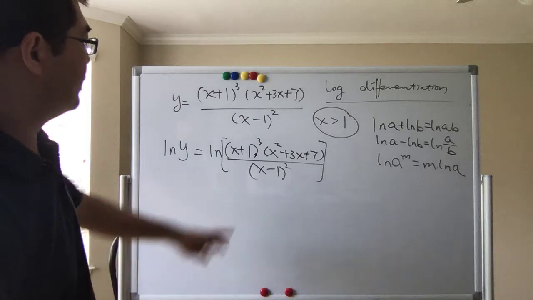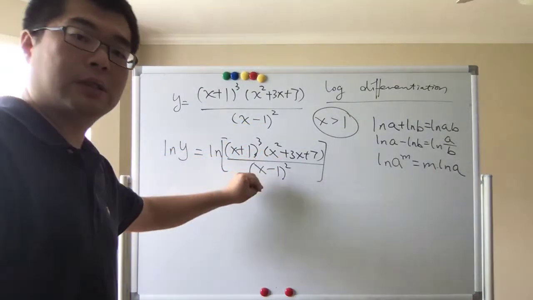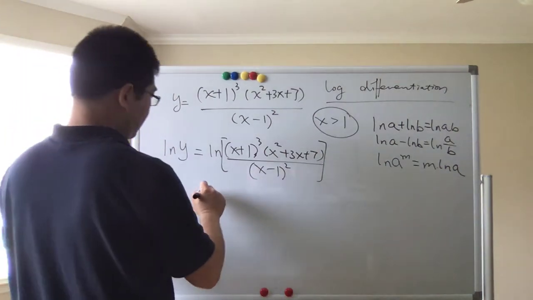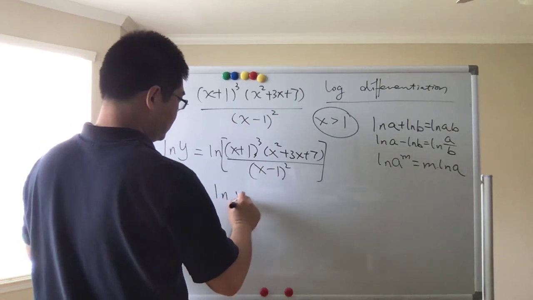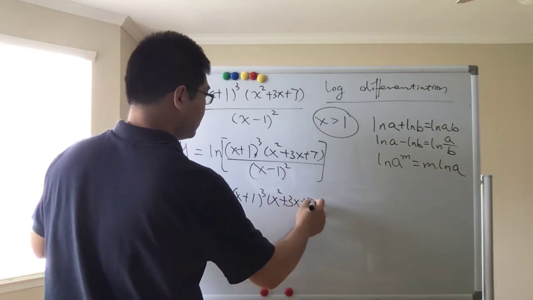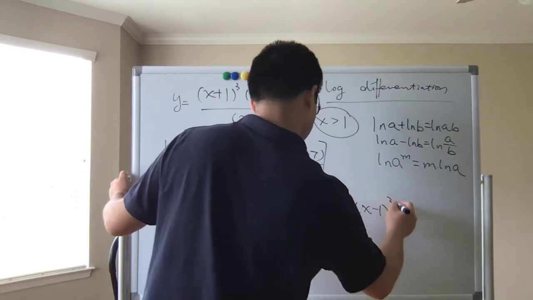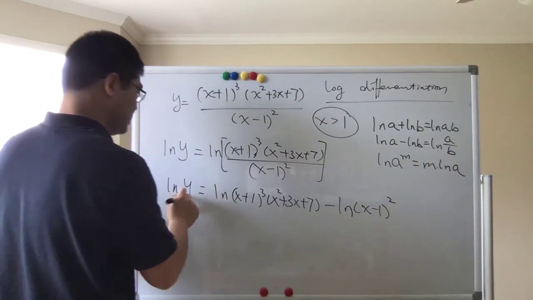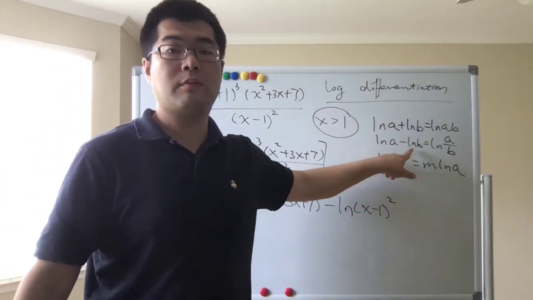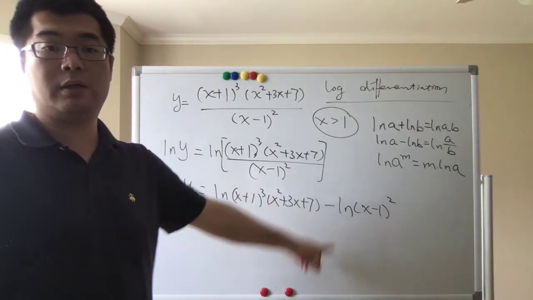You can tell that on the right hand side, we actually can decompose it into three pieces. Using the backwards of the second property, ln of A over B equals ln A minus ln B, this is what we get here.